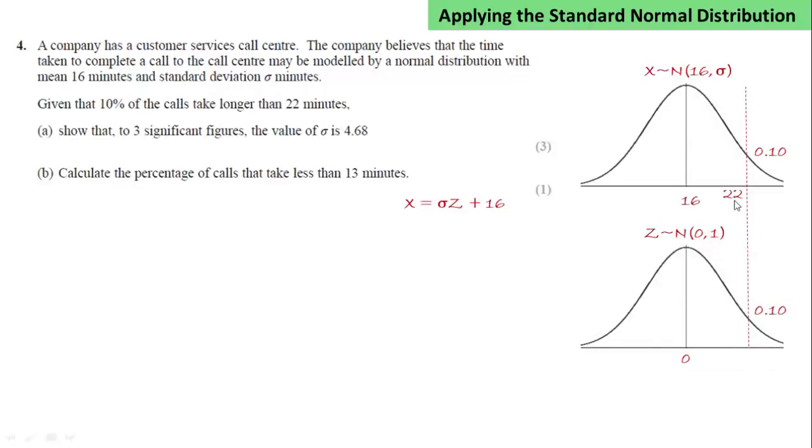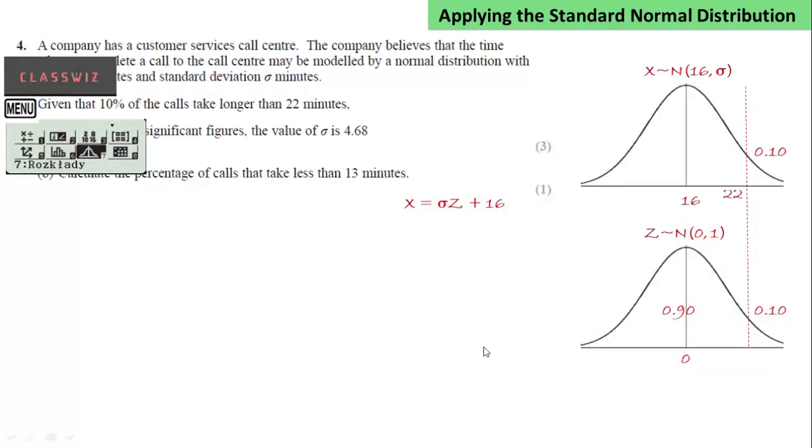So I want to find the value in the z distribution which corresponds to an area of 0.1 on the right hand side or an area of 0.9 on the left hand side of the line. So here I'm going to come back to my ClassWiz calculator. I'm going to go menu. I'm going to choose distributions, option 7.